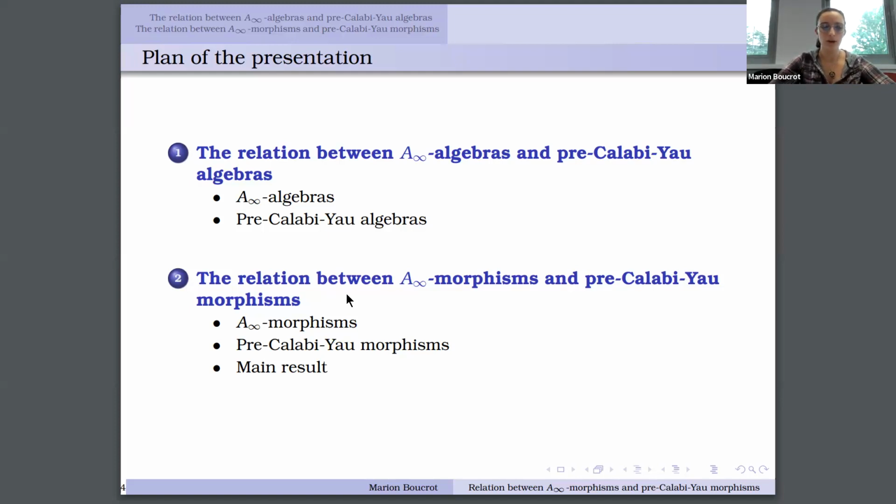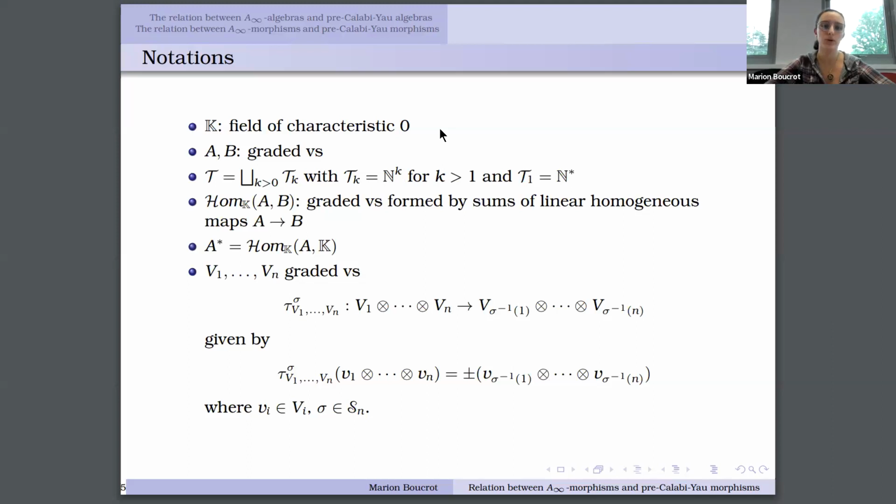So I will start with some notation. We will work over a field K of characteristic 0. A and B will denote graded vector spaces. I will use this set as a set of indices for the pre-Calabi-Yau case. The first component is N star, being the set of natural integers beginning at 1, so this doesn't include 0.